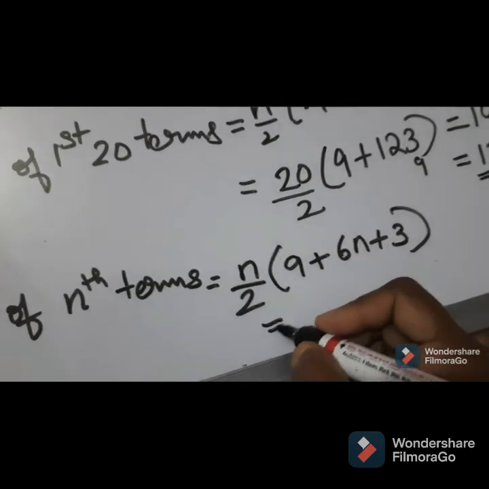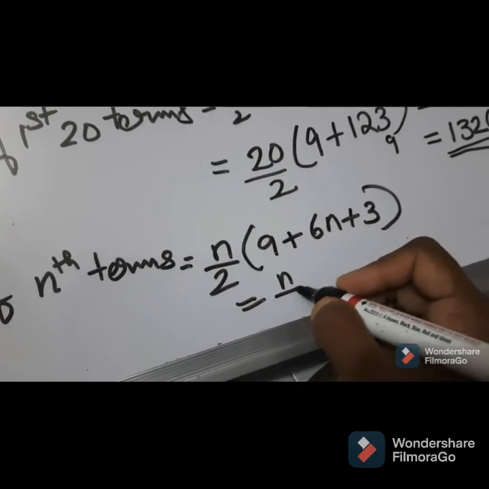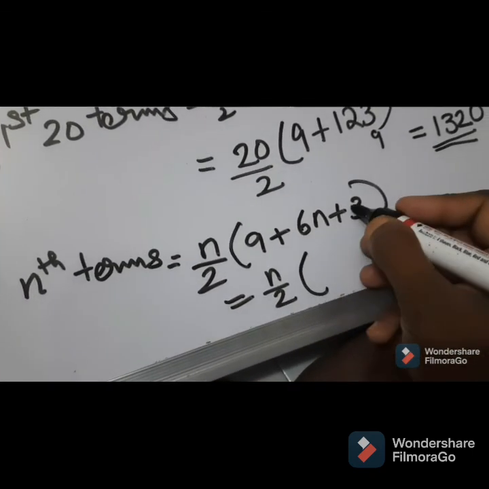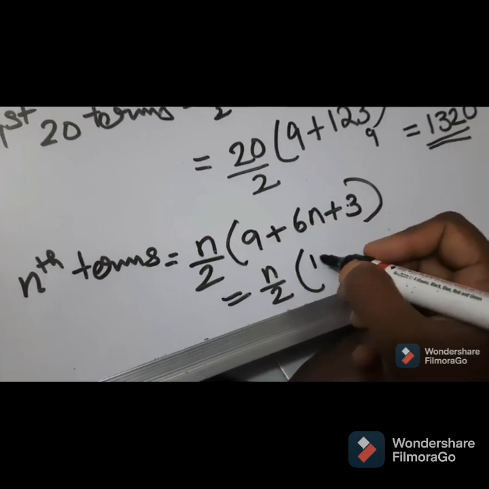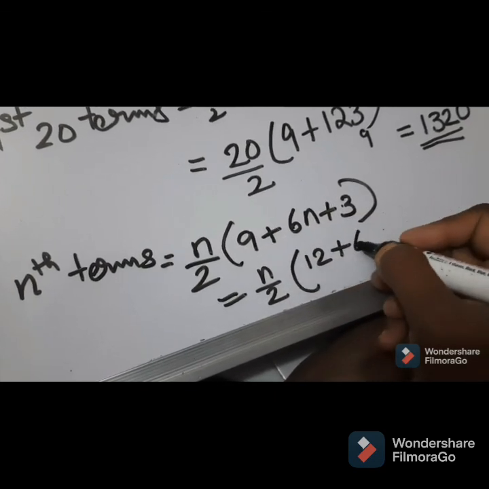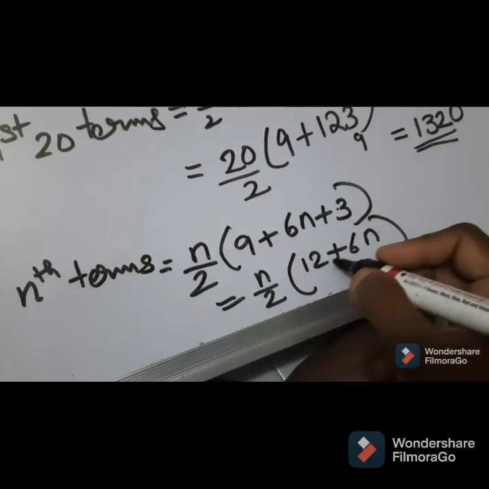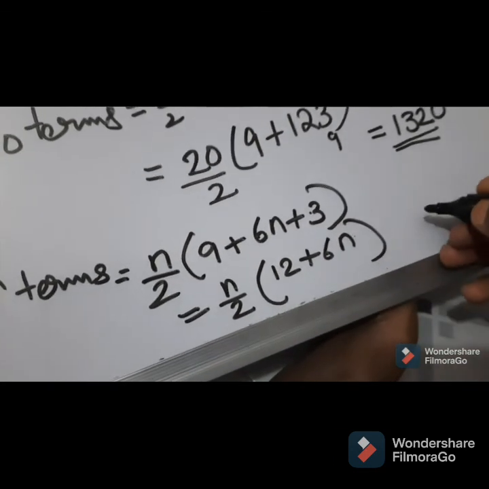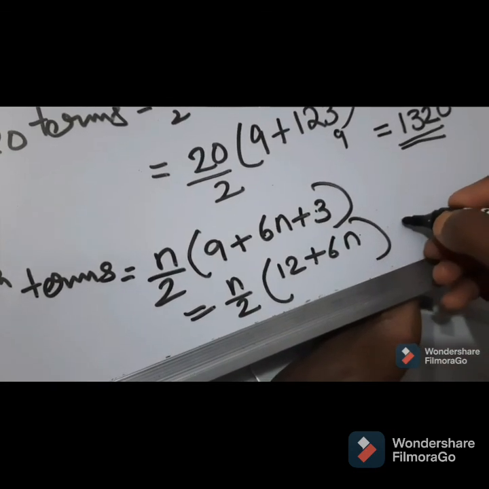So we will get n by 2 bracket 9 plus 3 is 12 plus 6n. We can take 6 out, so that will cancel.